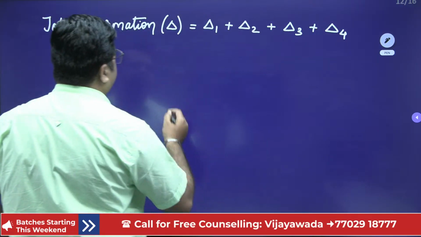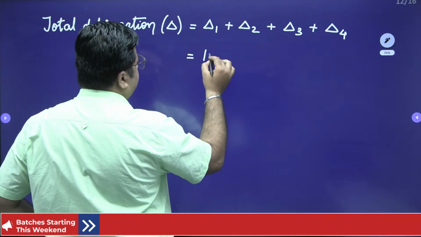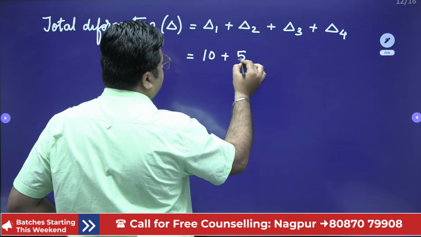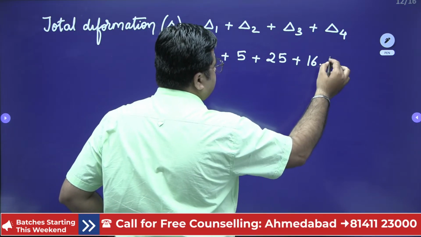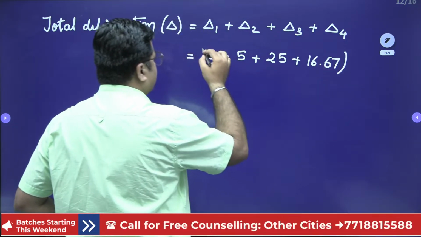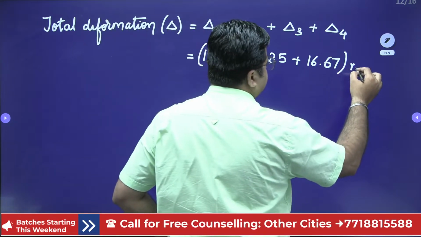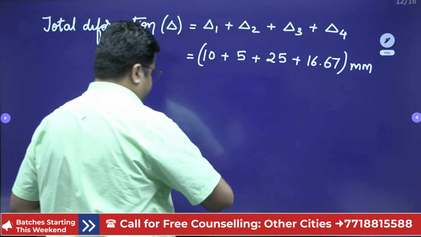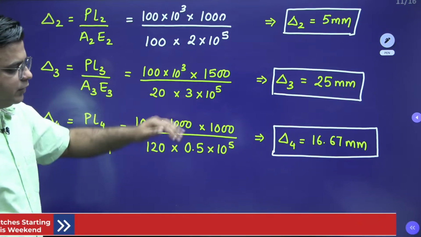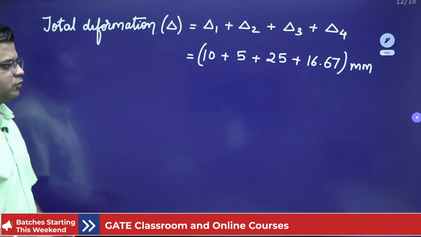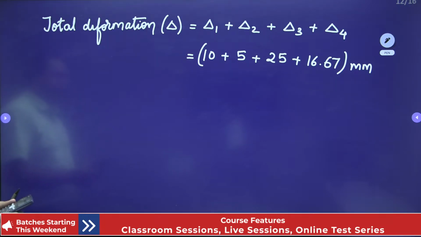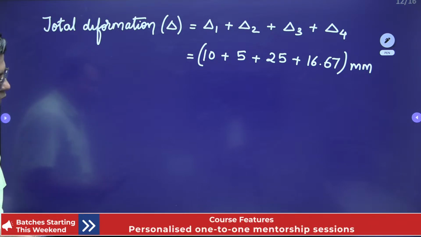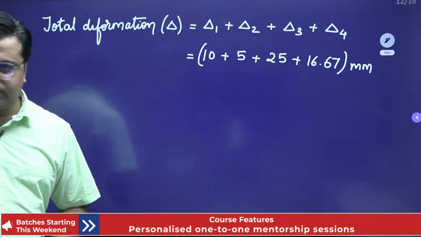Delta 1 is 10 mm, delta 2 is 5 mm, delta 3 is 25 mm, and delta 4 is 16.67 mm. So this is your total deformation in mm. 10 plus 5 is 15, plus 25 is 40, plus 16.67 is 56.67.